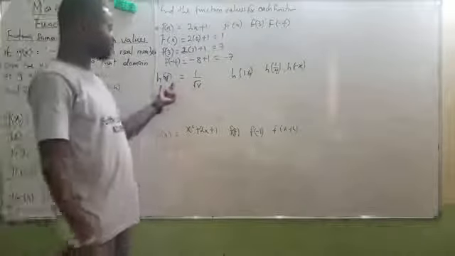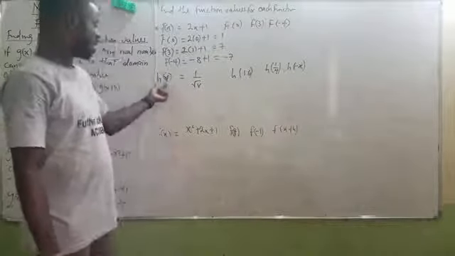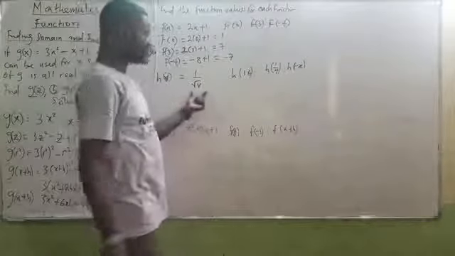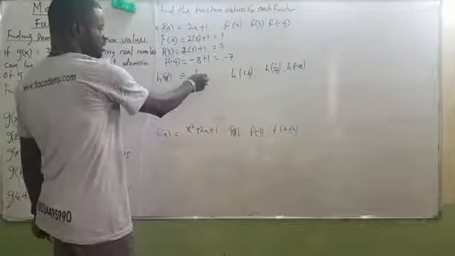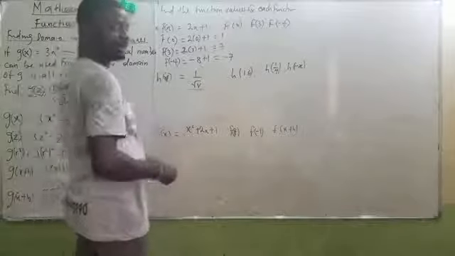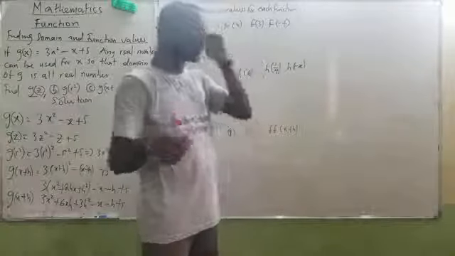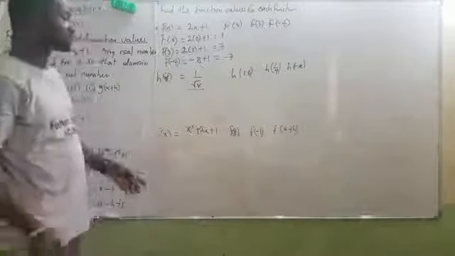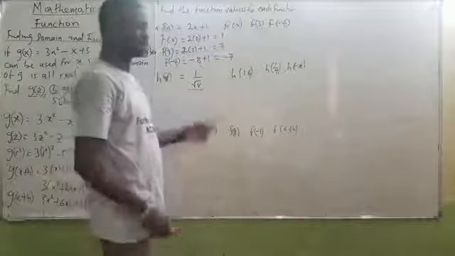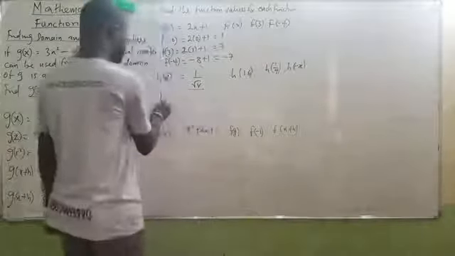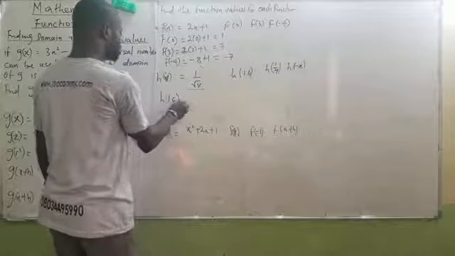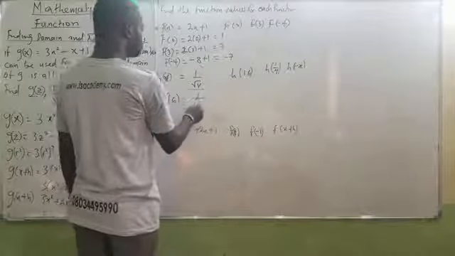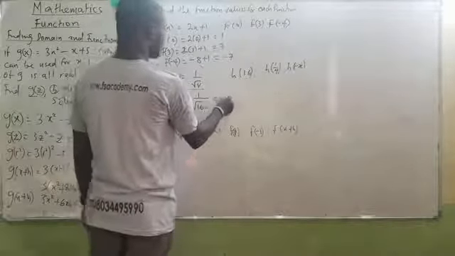Now, you have h of x equals this. This is the function. In the next video, I will explain what is called a rational function. This is a very good example of a rational function, but at this point, h of 16, we just have 1 all over root of 16, which is 1 all over 4.